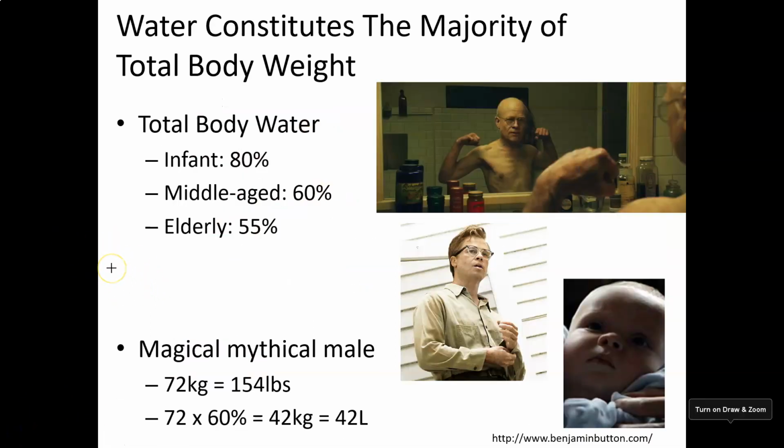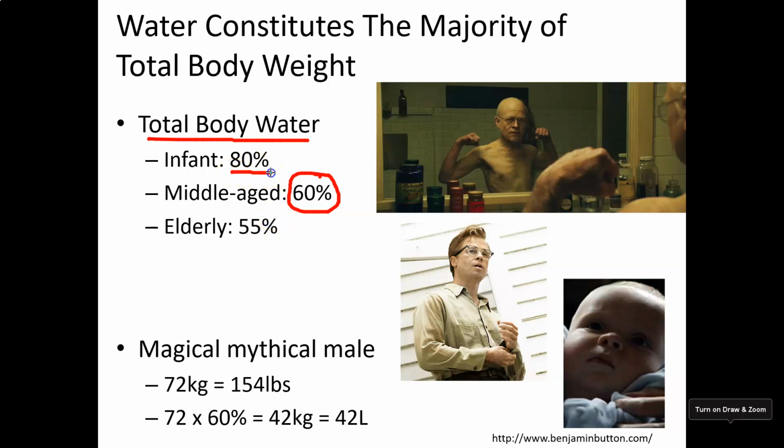So blood constitutes the majority of your total body weight. The average person in terms of total body water has about 60% of your body is water, right? H2O, the chemical form of water, that makes up well over 60% of your body.